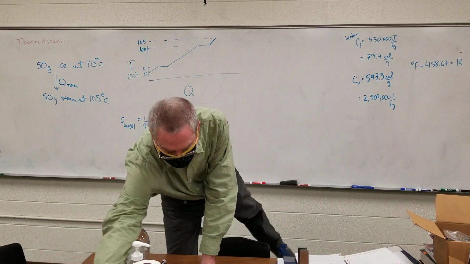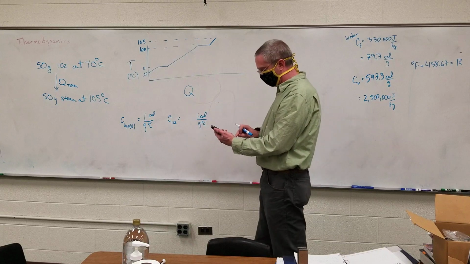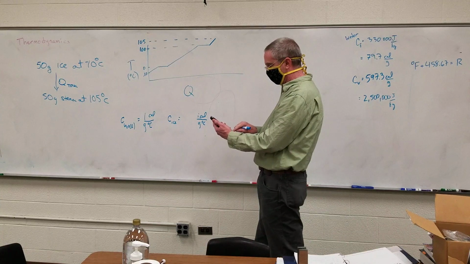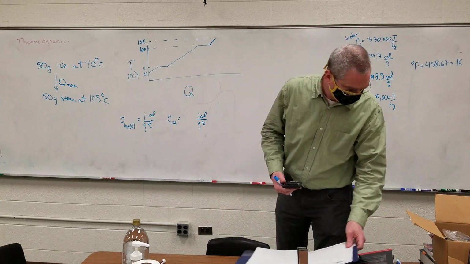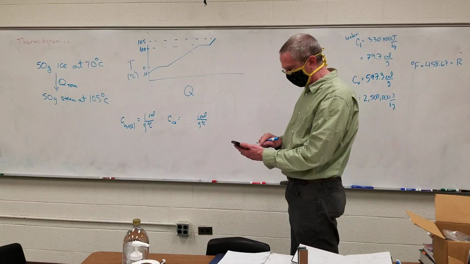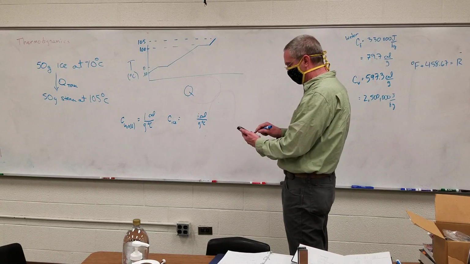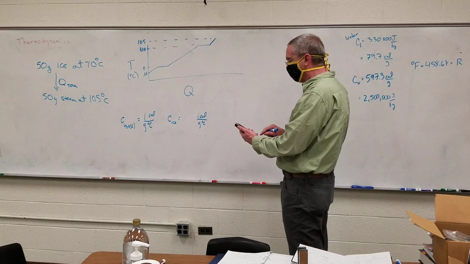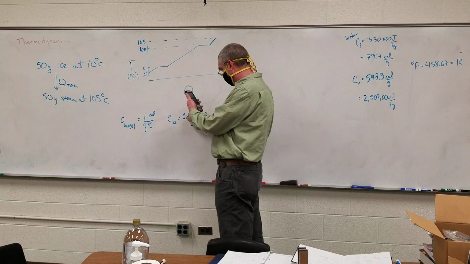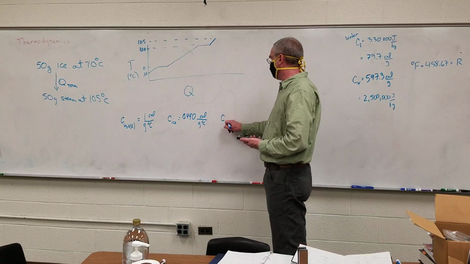All right, I need to get it to the right units. 0.05 divided by 4.24, so 0.490 calories per gram degree Celsius.